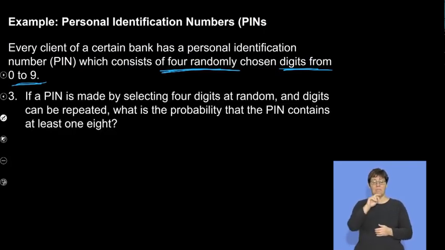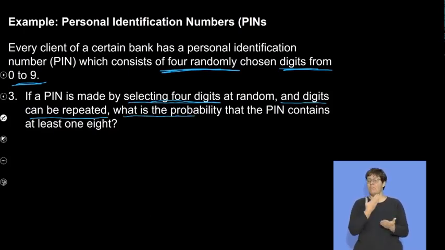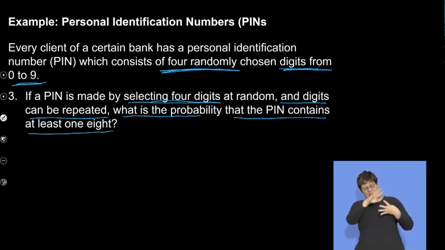So if a PIN is made by selecting 4 digits at random, and digits can be repeated, very important, what is the probability that a PIN contains at least one 8? It must have at least one 8 in your PIN. So what is the chance of choosing that PIN? Remember the probability, it's what?